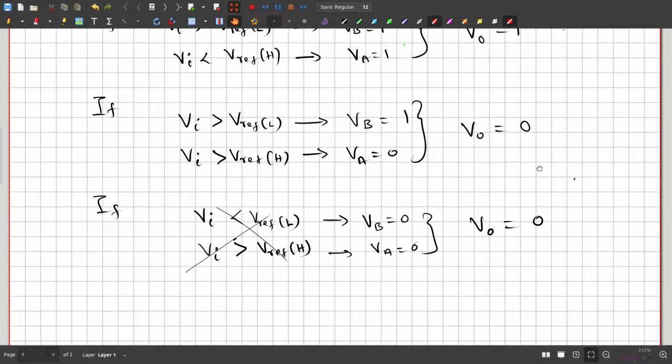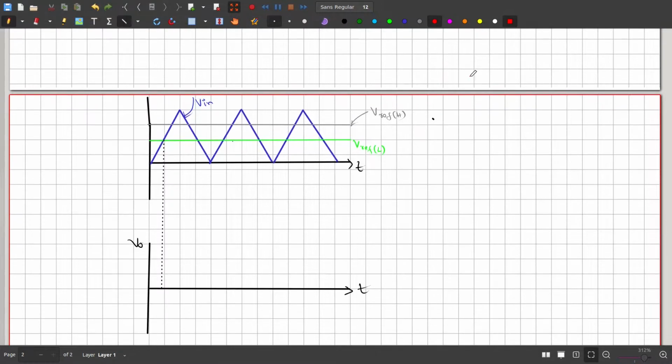So it is logic zero. Therefore, here we have a zero voltage.